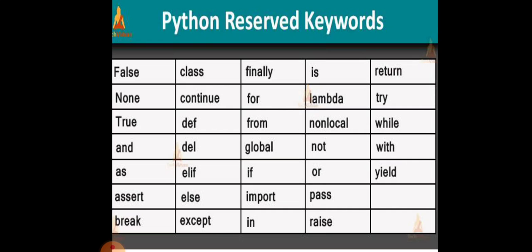Some of the keywords are None, class, finally, is, return, if, while, for, import, pass, continue, break, etc. There are a total of 33 keywords in Python. Among these keywords, True, False and None start with a capital letter, while other keywords are in lowercase or small case letters.